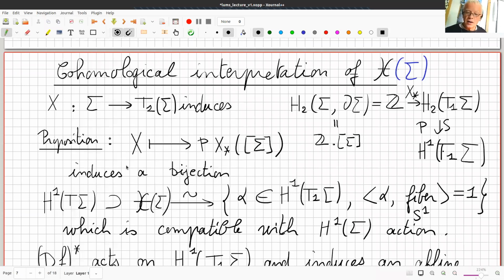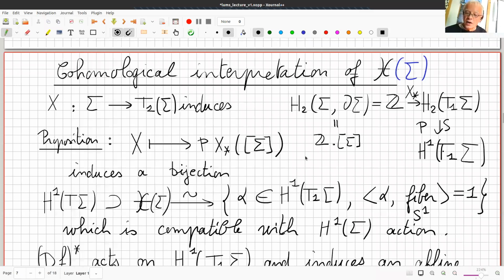Then you can work a bit and see that if you compose this map and you go from a vector field to this H1 of the unit tangent bundle, then you will get a bijection between homotopy classes of vector fields and an affine subspace in H1 of T1 of sigma.